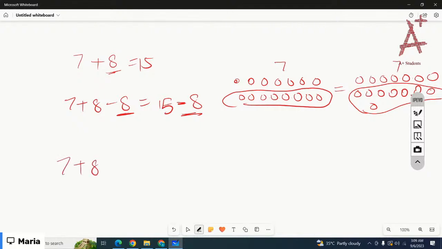So if you are adding 1 to both sides, again, they are the same counters on both sides, right?